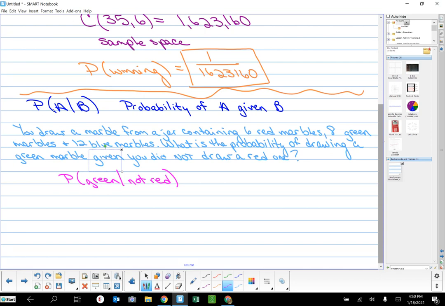And remember, A given B. So what you are going to do, number one, is you are going to eliminate the items in B because it says not red. We are going to eliminate the items in B, so in this case the red marbles, from the original sample space.